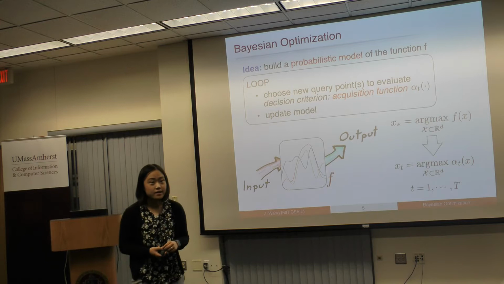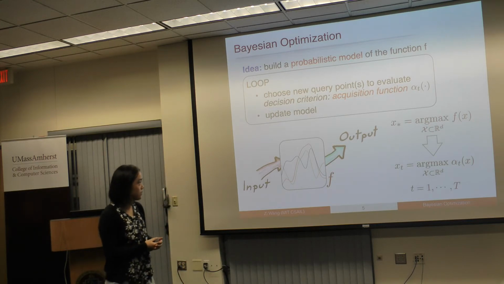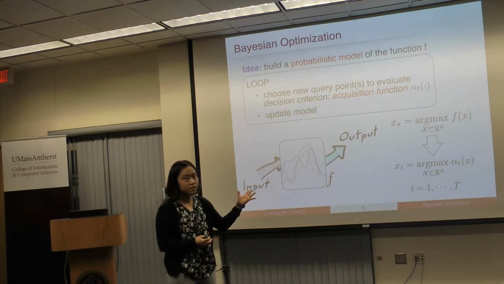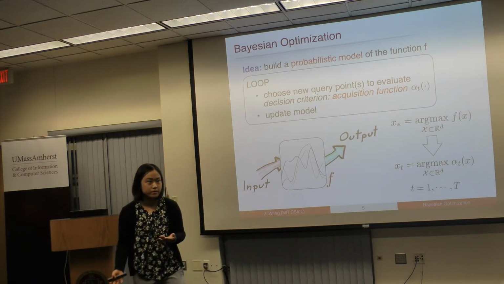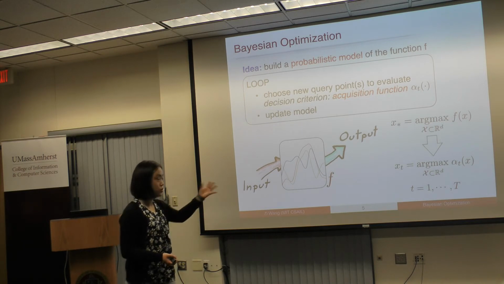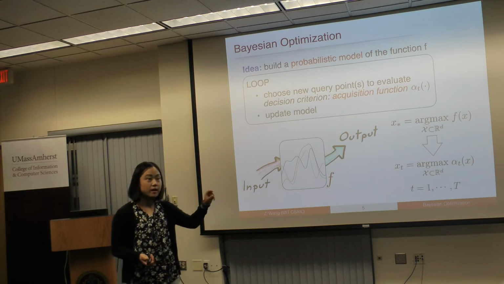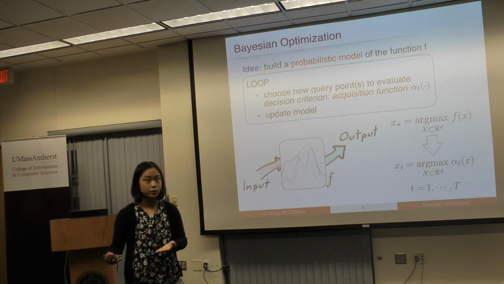Yeah, that's a really good question. In the case of Bayesian optimization, typically what I do is look at the evaluations of those x_t, and then we pick the x_t that achieves the best evaluation value.